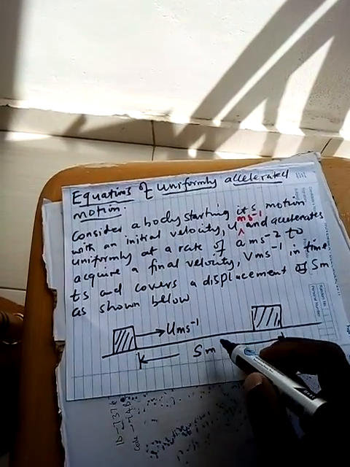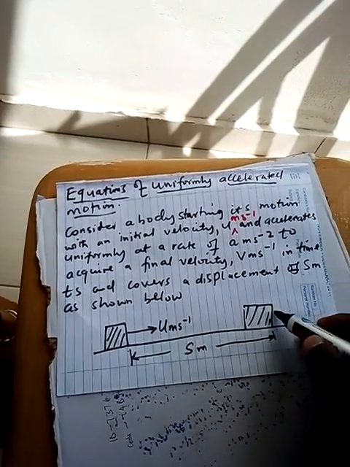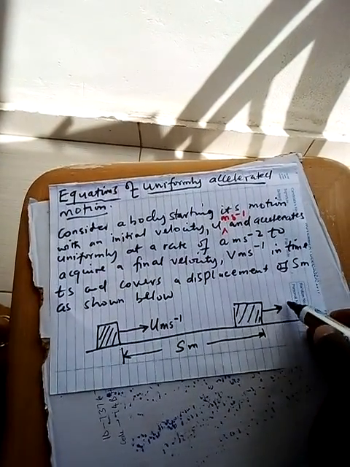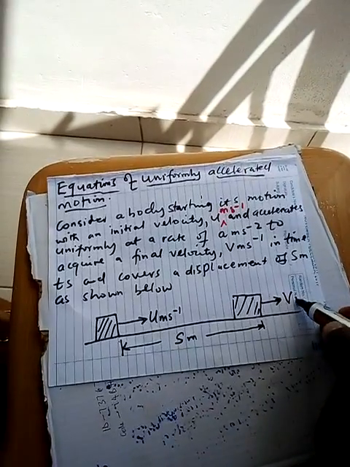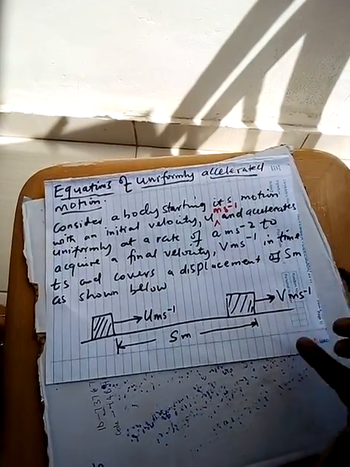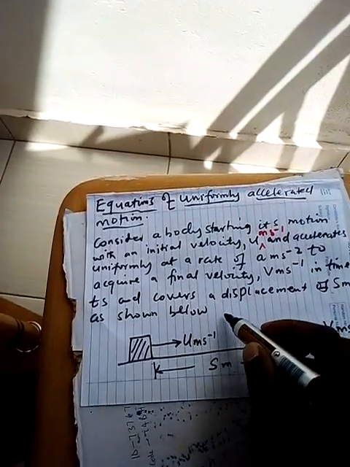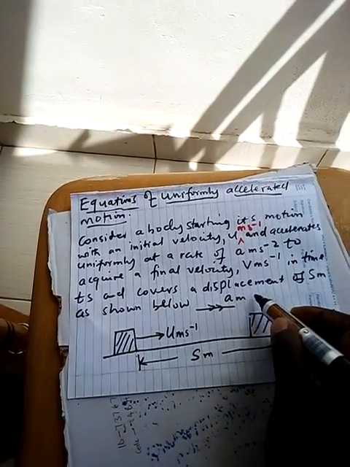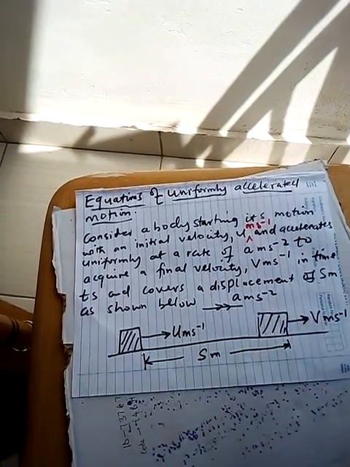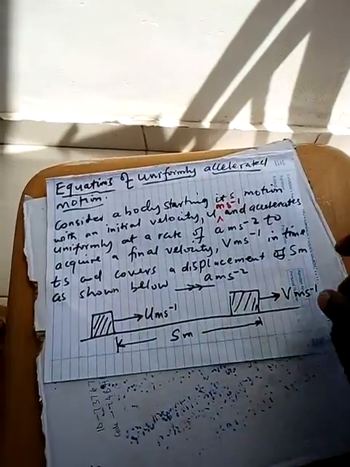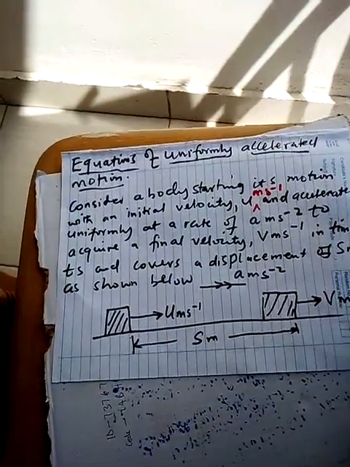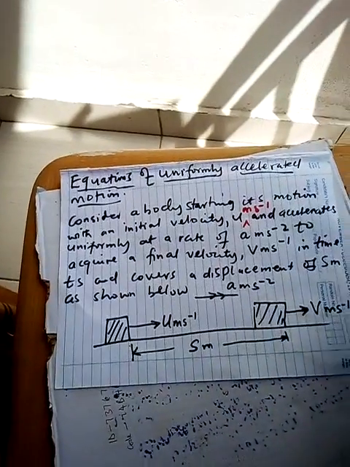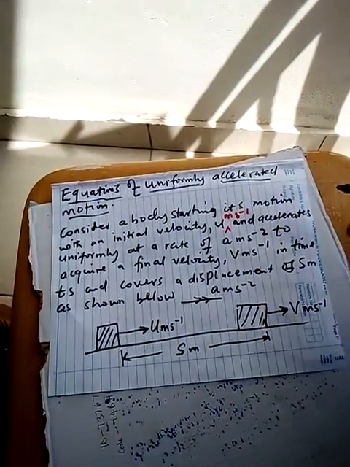This is s meters. And at this last point of observation, you see it moving at a final velocity of v meters per second. Remember, the acceleration of this body is a meters per second squared. That's our object moving along a straight road, along a straight line.